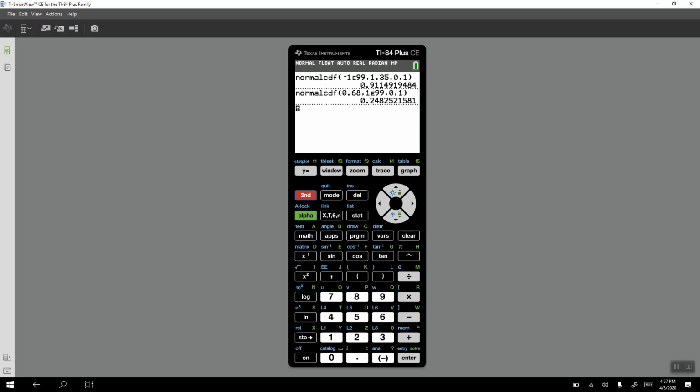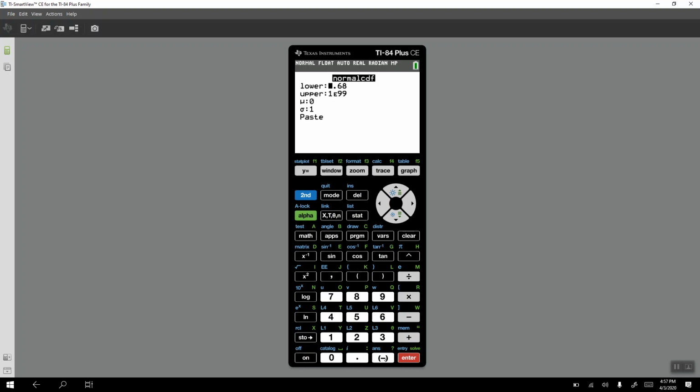So again, second distribution, go down to normal CDF. There we are. The lower bound that we are looking at was negative. I'm going to caution you here. Do not use this minus sign. My mouse right now is hovering over the minus sign. Do not use that. Instead, look at the button right next to the enter button. That has the negative symbol.